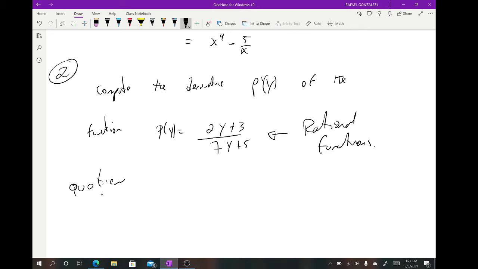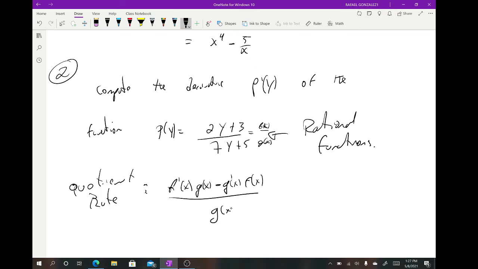The quotient rule said the following: if we're talking about f of x being the numerator and g of x being the denominator, then we have the derivative of the first times the second minus the derivative of the second times the first, and then divided by the bottom squared.